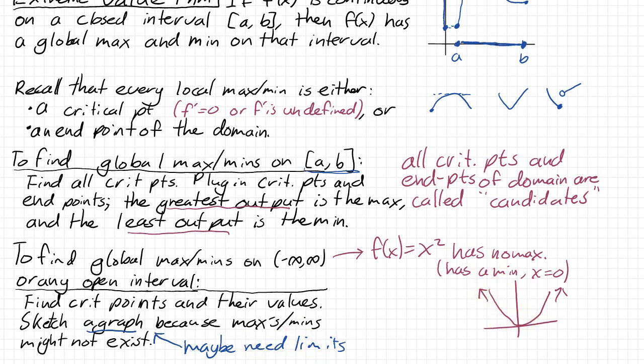Just knowing that you have a critical point doesn't necessarily tell you much. Maybe this value is a critical point here. You don't know necessarily if the graph is shaped like that, or if it's shaped like this, or maybe it goes up like this. So you need to know more about the rest of the graph. So that's what this section is about.